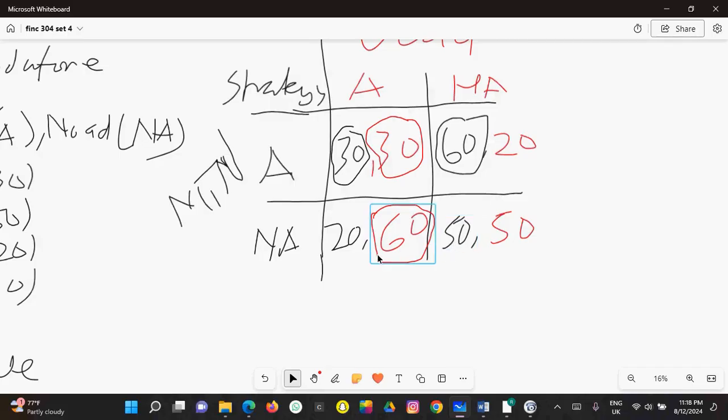So it makes no advertisement the dominated strategy. And then Vodafone is the same thing, right?